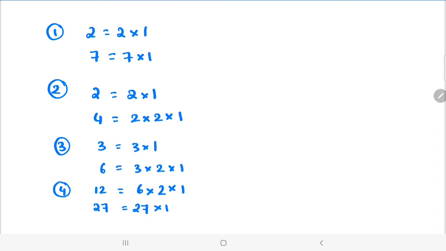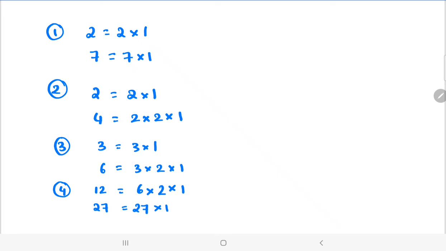I am going to take a few examples and tell you what is meant by coprimes. If we see the first example, students, here we can write 2 as 2 into 1, and 7 also can be written as 7 into 1, right?